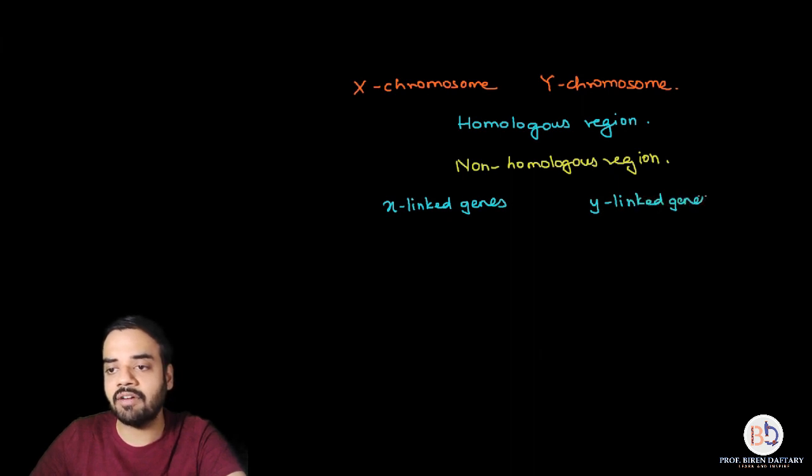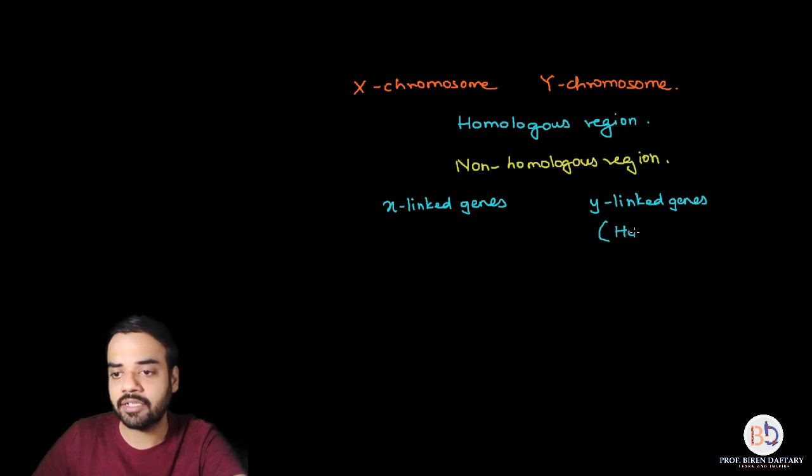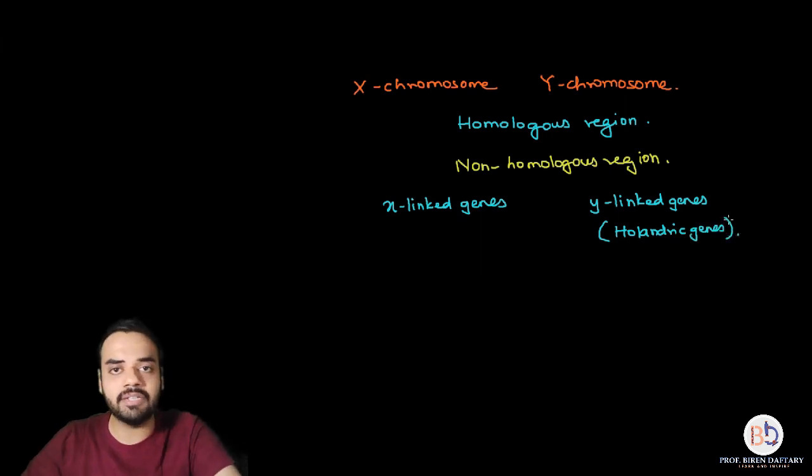And one more thing, Y-linked genes are also called Holandric genes. So I will write it down over here. Holandric genes are nothing but Y-linked genes. So all these things we had studied in the previous video lecture. Now we are going to study about X-linked genes in this lecture.